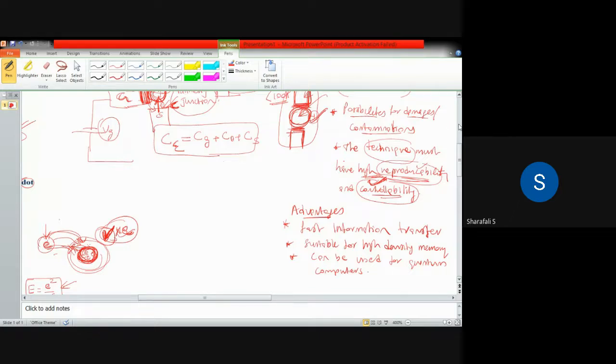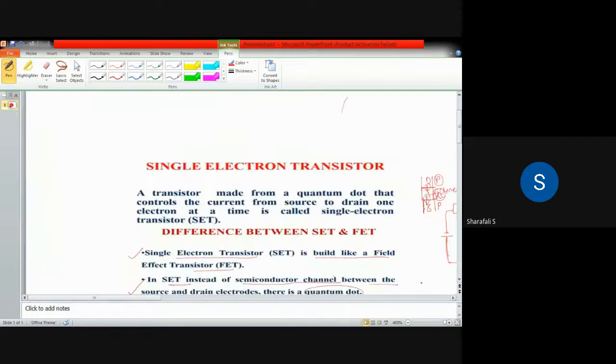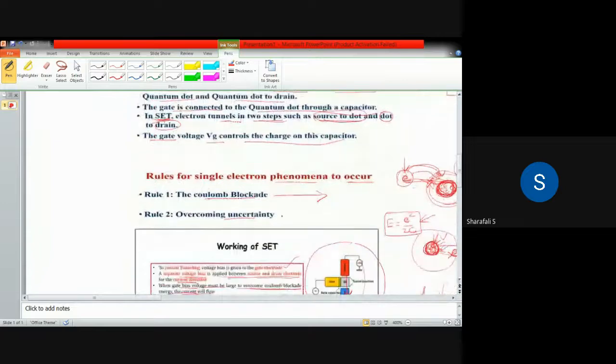And I think I missed one here, that is the uncertainty. So it has to overcome the uncertainty. So the uncertainty also is one of the conditions.